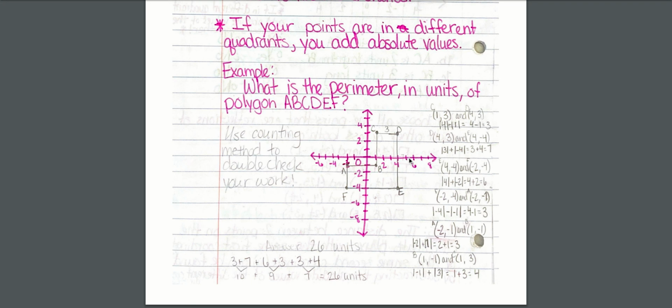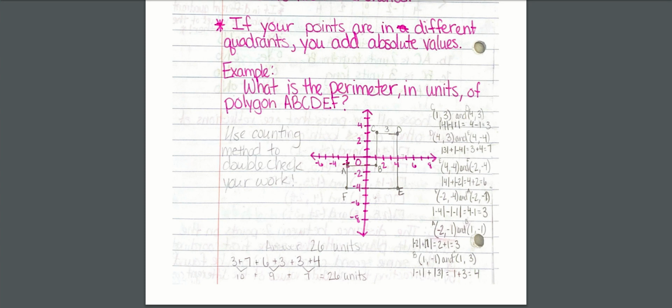See how I labeled this as 3, put a 7 here, a 6 here. It's very faint, you can't see it very well, but if you were to label these right here, you would be able to make sure you added up every single side. And what we get here is 10 plus 9 plus 7. Once I add up these lengths in sets of 2, that gets us 26 units.